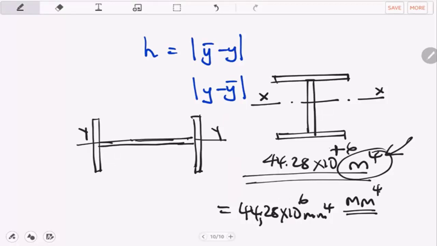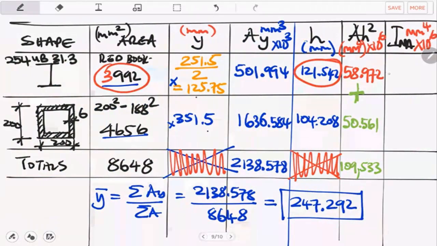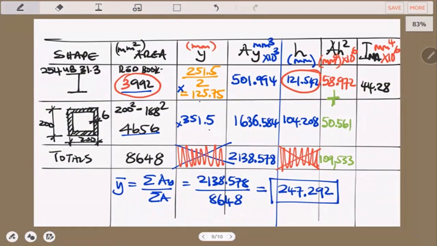You're just making the value which you are getting from the red book positive. So here, we're going to write 44.28 times 10 to the power 6, millimeters to the power 4. We are good to go.